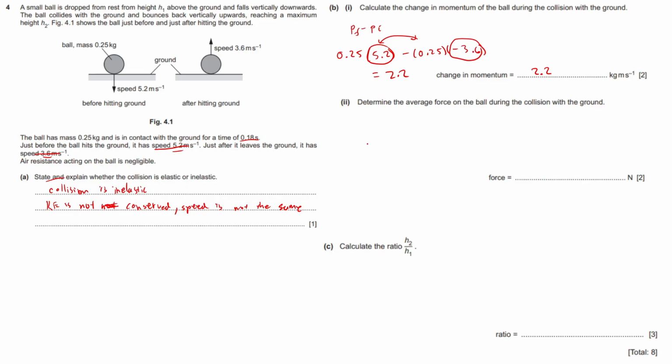And then we have II, determine the average force of the ball during the collision with the ground. So the definition of force, which is Newton's second law, is going to be the change in momentum divided by the change in time. The change in momentum we just calculated, which is going to be 2.2, and the change of time is going to be 0.18 seconds.